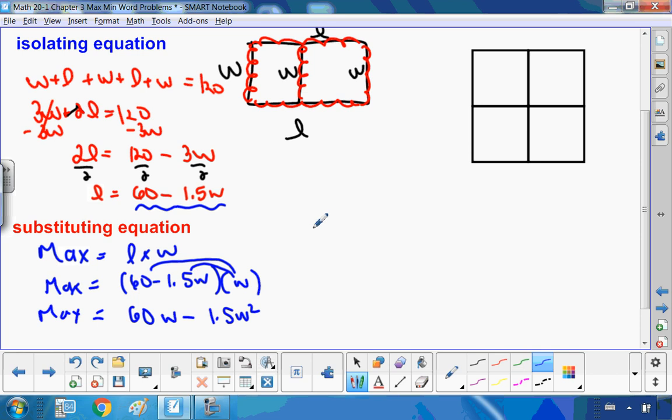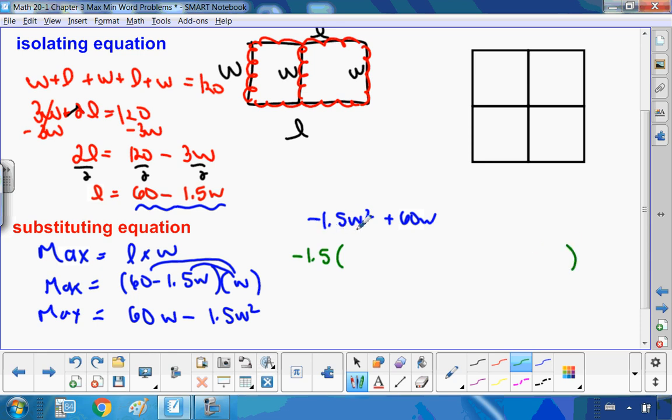So what I'm going to complete the square for is negative 1.5W squared plus 60W. Even though there is a decimal there, the process is still the same. I take what number is in front of my variable squared, negative 1.5, and I'm going to factor it out.